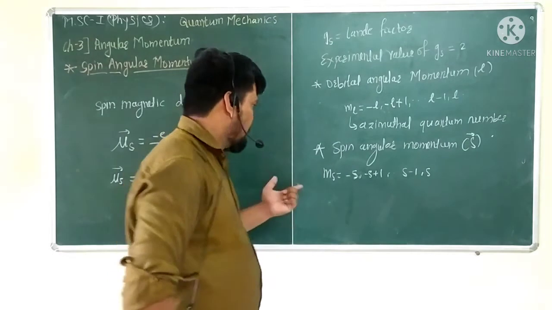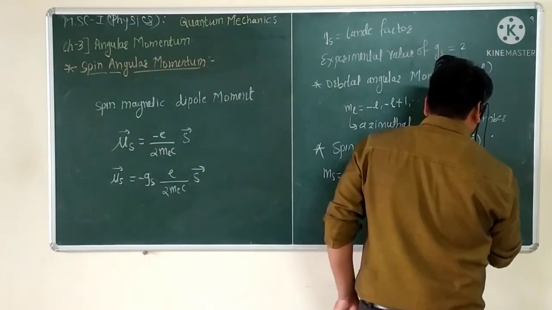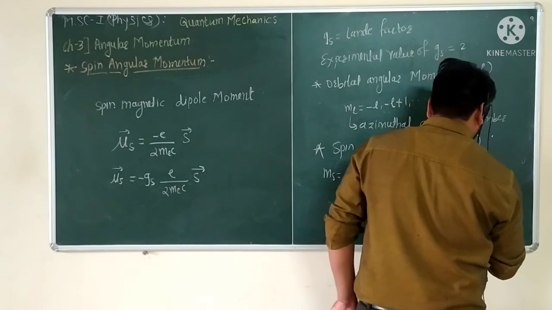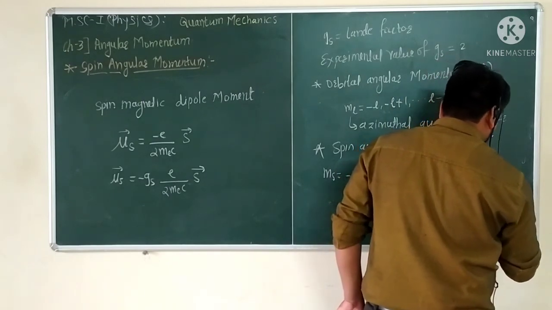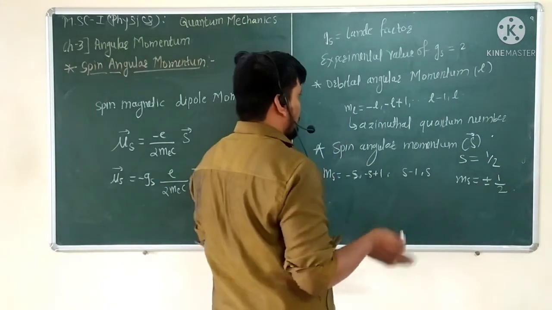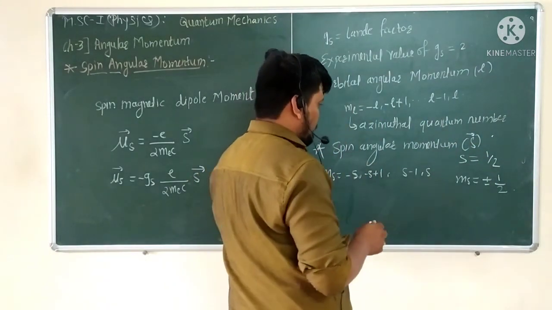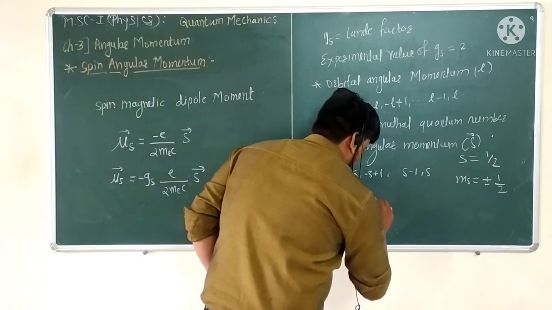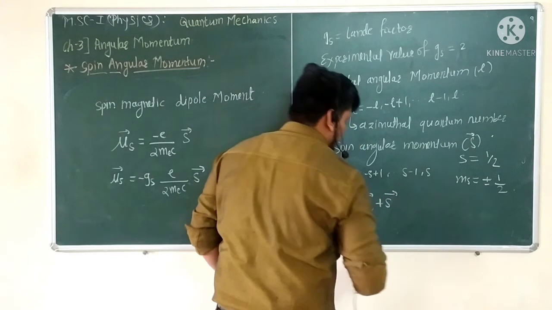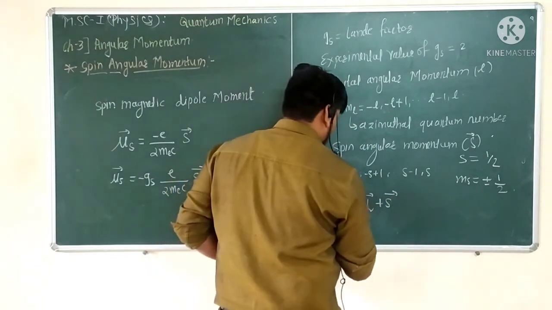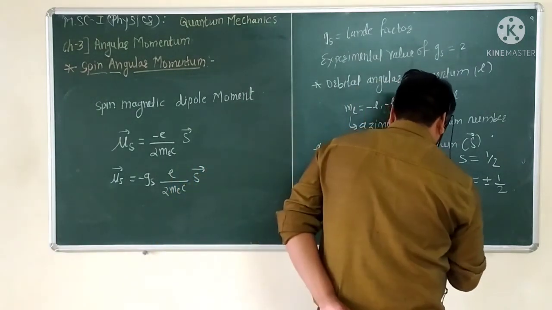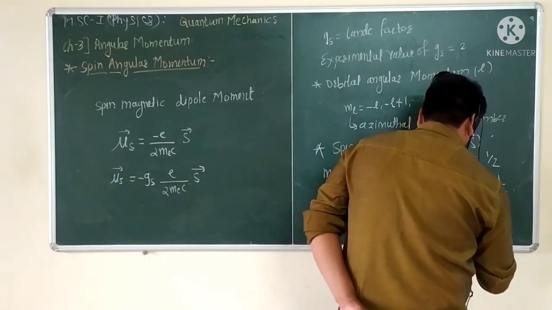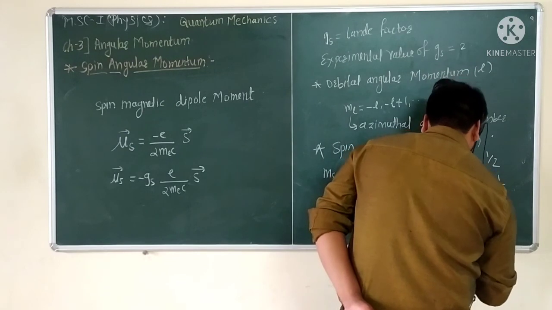For example, if S is equal to half, then ms is plus or minus half, and the total angular momentum, which is the combination of L and S, is J equal to L plus S, that is orbital angular momentum plus spin angular momentum. This is considered as the total angular momentum.